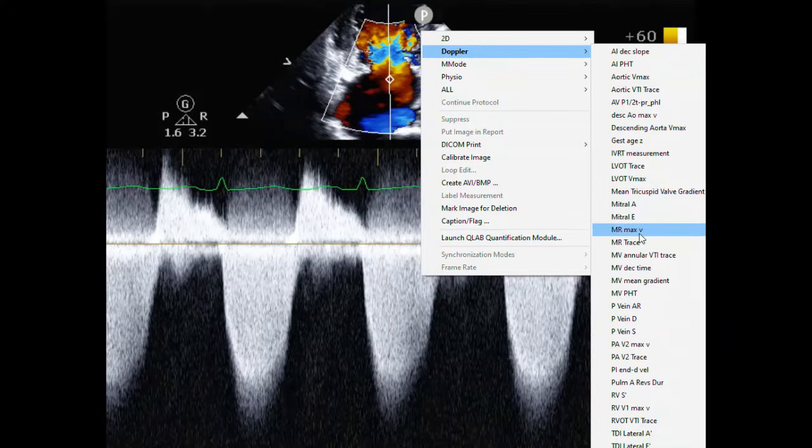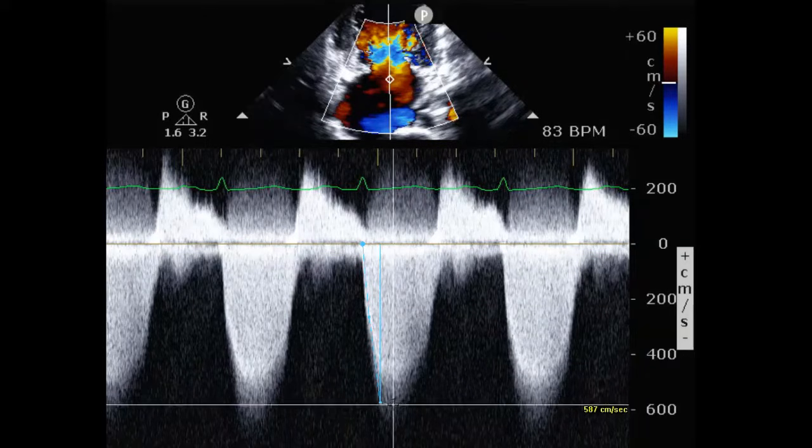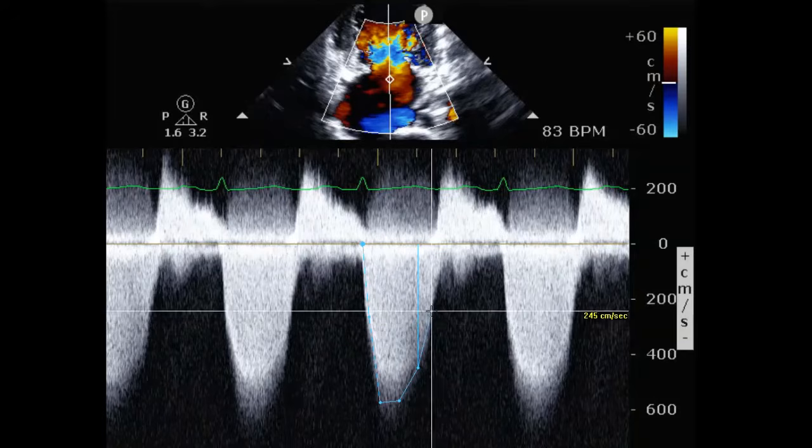Where are we here? Mitral, my MR trace. Read down. We ignore the little hairs here. Now here, let's see if I can move this down. You can't see the full extent of the screen.